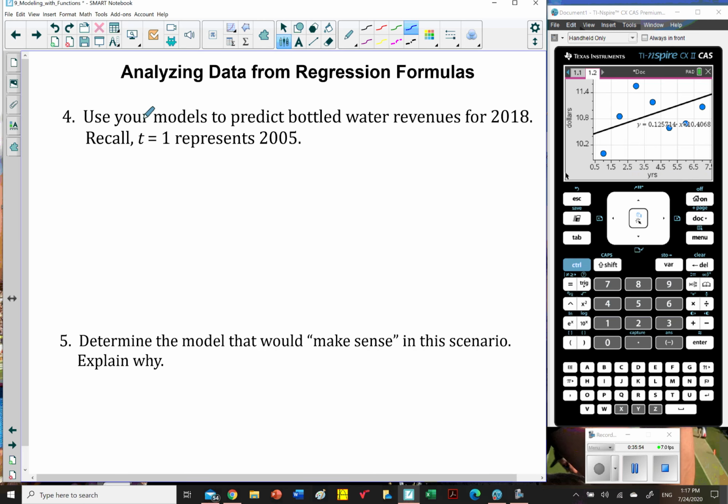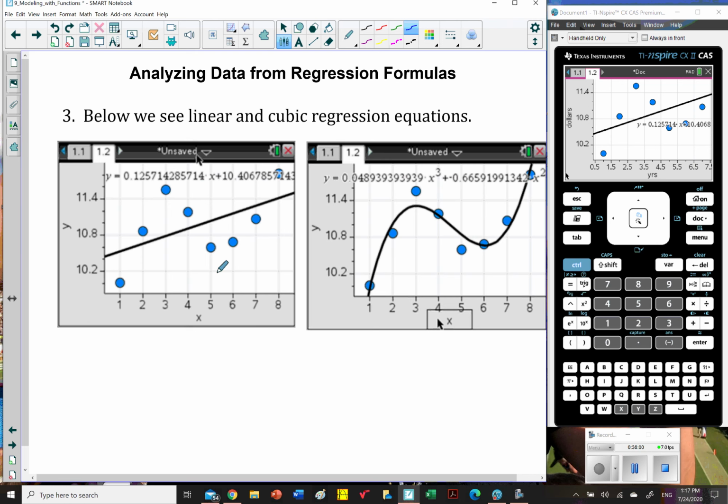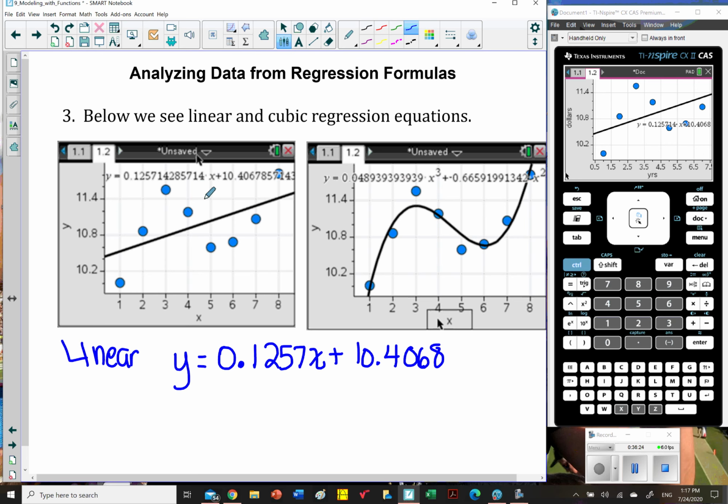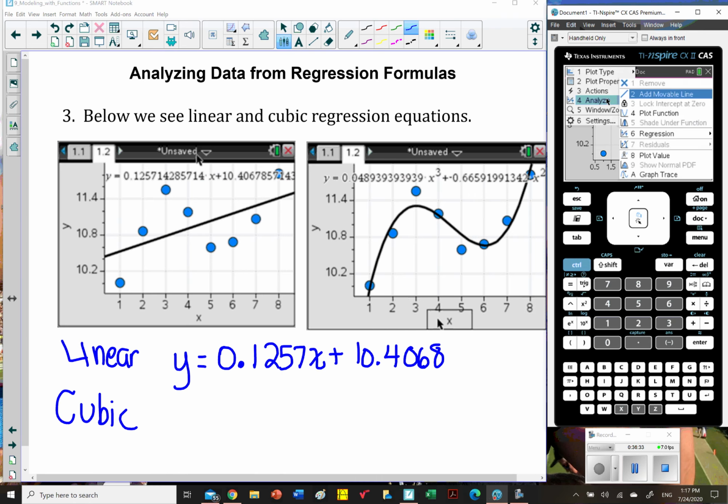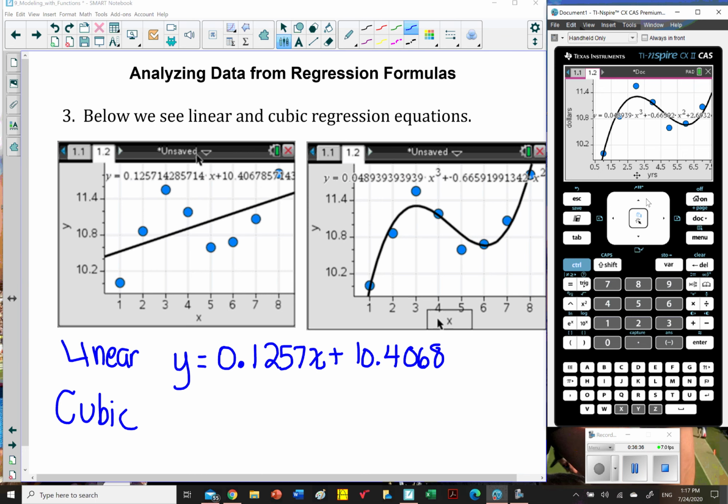On the next screen, I'm going to write that down. So our linear equation is 0.1257x plus 10.4068. So that's this one. And then the cubic equation, menu, analyze, regression, cubic.